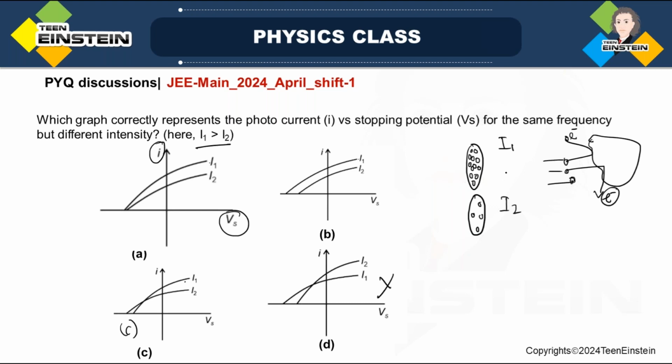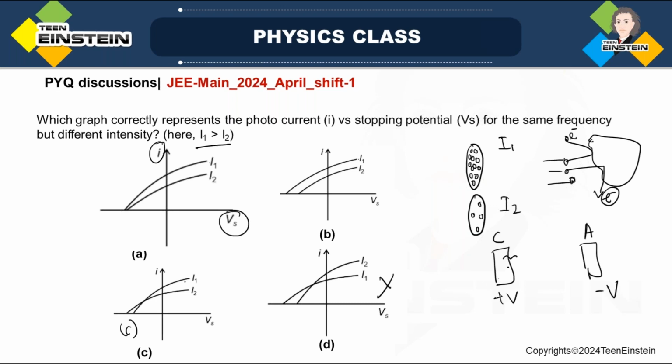Now I have to see what the stopping potential is. We have a cathode and an anode. The stopping potential is the potential applied in the reverse direction between cathode and anode. Suppose a negative potential is given here and a positive potential here.